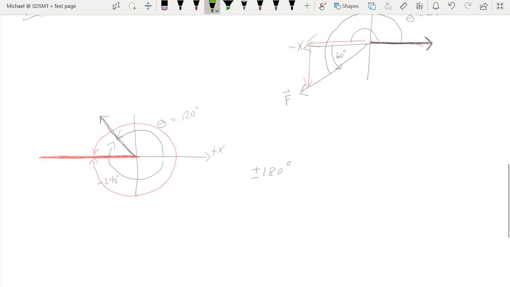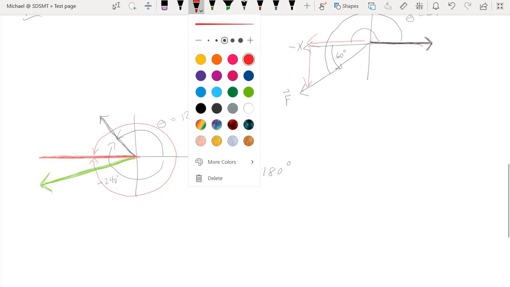So if you have a vector that is right here, and you want to measure the angle that that vector is sitting at, how are you going to measure it? Are you going to measure it using a positive angle notation or a negative angle notation?